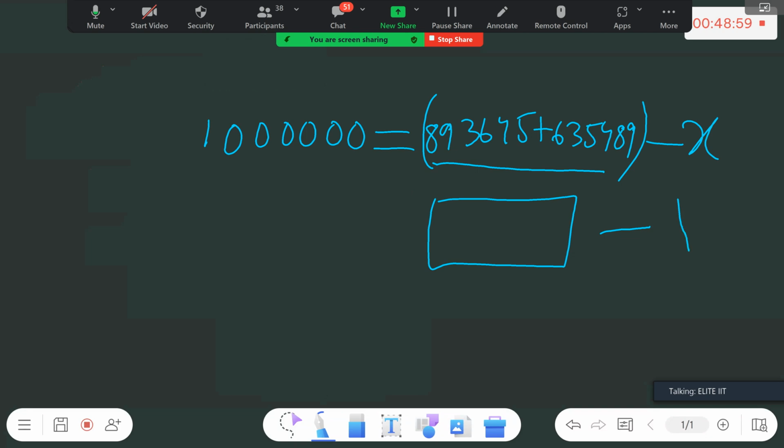Minus, you need to find this number, isn't it? Let's say this number is x. This will be equal to this. Now how will you find it? By addition or by subtraction?